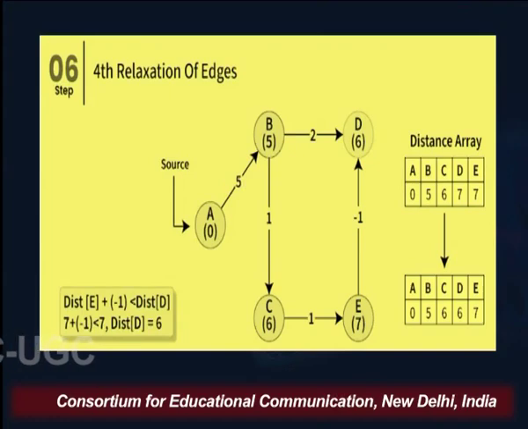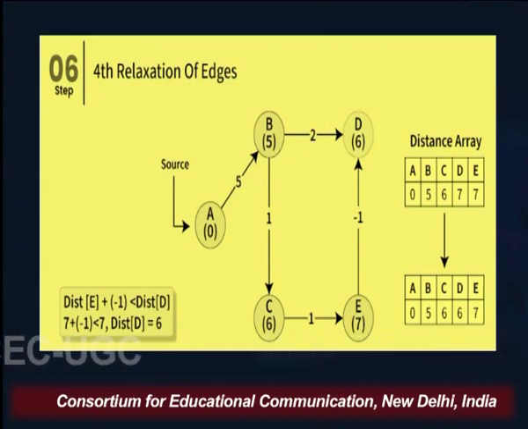But one more set of relaxation is still required here, which is going to be the fourth relaxation of edges, and that is going to update the distance of D from 7 to 6, because there is a shorter path to D which is coming through B to C, then C to E, and then from E to D, because there is a negative edge from E to D. Because of the presence of this negative edge, if we take distance of E as 7, which was already updated, plus minus 1, which is the weight of the edge going from E to D, it is now giving us less than 7.